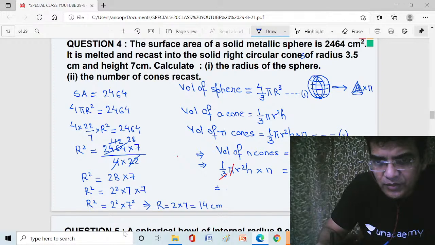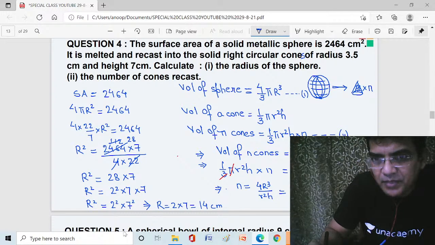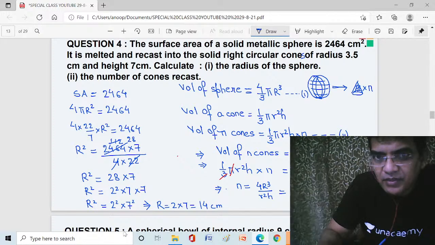upon r square h. Now in this formula, let me substitute the values. This capital R we are using for the sphere, so we need the radius of sphere that we have already calculated, 14, upon r square into h.